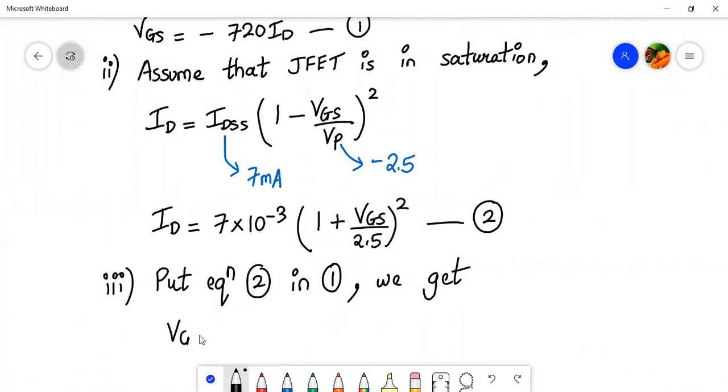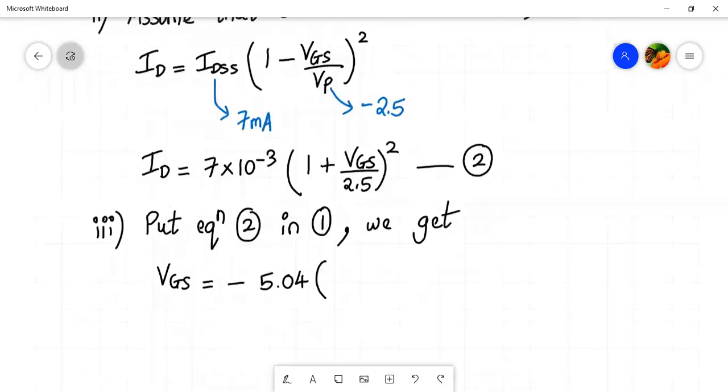So VGS is equal to minus 720 times ID, means 720 into equation number 2. So 720 into 7 milliamperes, if you calculate, is 5.04, and inside you have (1 plus VGS upon 2.5) the whole square.